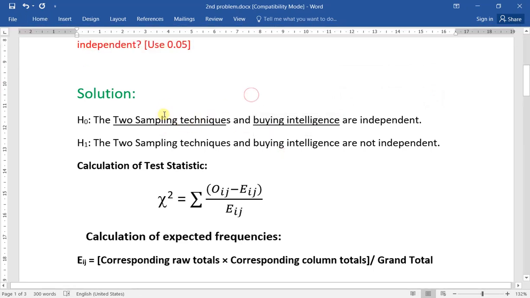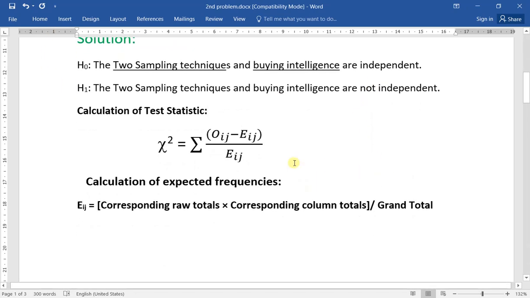So these are the two attributes, attribute A, attribute B, whatever we can say. Two sampling techniques and buying intelligence are independent. In case we are not able to prove it, what should be our alternative hypothesis? The two sampling techniques and buying intelligence are not independent. You are supposed to use this, not independent.